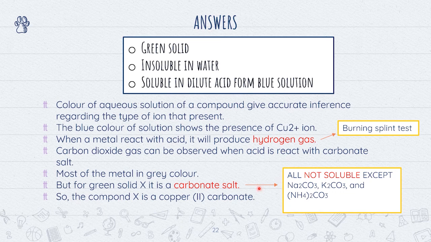As we know, carbonate salts are all not soluble in water except the given examples. So we can conclude that compound X is copper carbonate based on all of this inference.